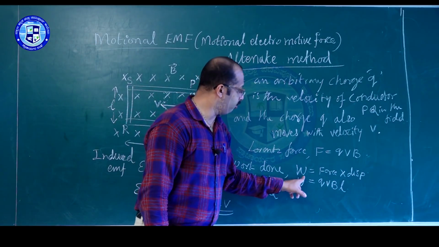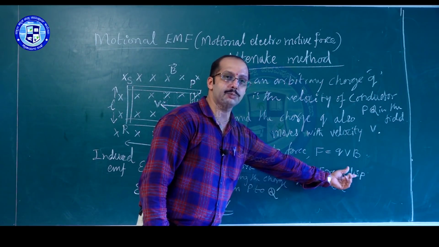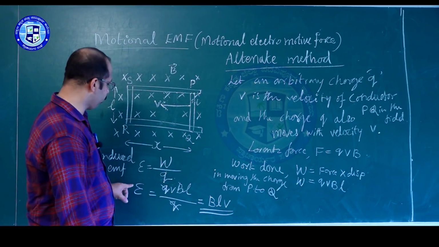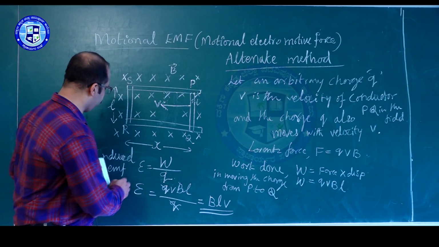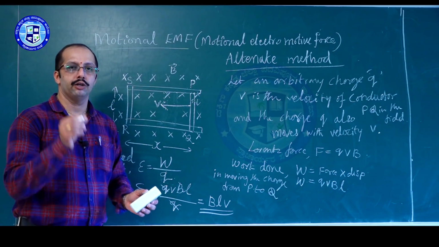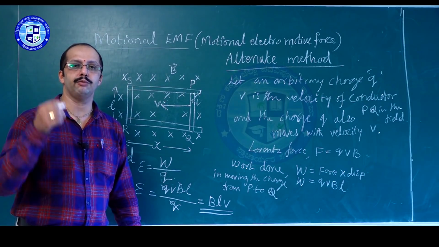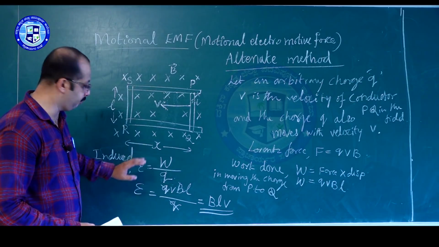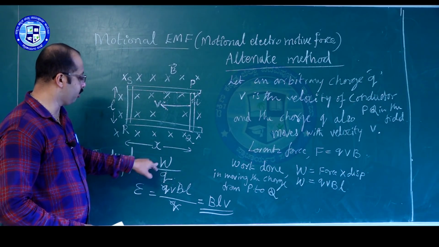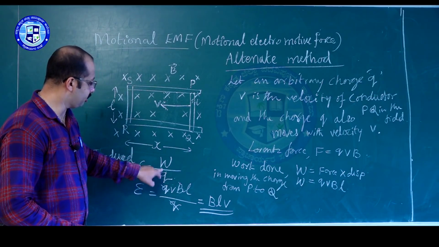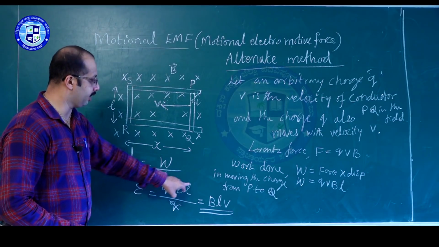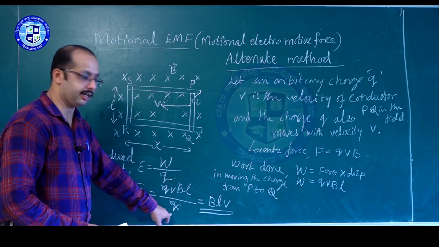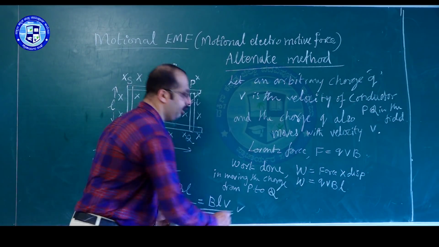The force QVB into the displacement of the charge from P to Q, that is L. Similarly, in the potential chapter you studied the work done in bringing a charge from infinity to a point against the electric field. Here the induced EMF is equal to work done per unit charge, W by Q, that is QVB into L divided by Q. Q cancels, and BLV is the expression for the motional EMF.